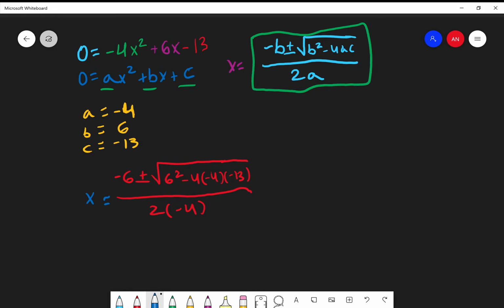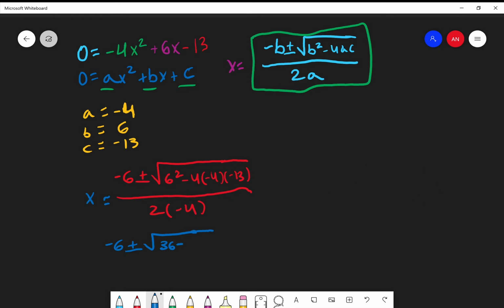Okay, so minus 6 plus or minus, since we're simplifying, 6 squared is 36, minus, or wait, not minus yet. Minus 4 times minus 4 is equal to 16. That times negative 13 is 160 plus 48, which is 208. It's negative 208.